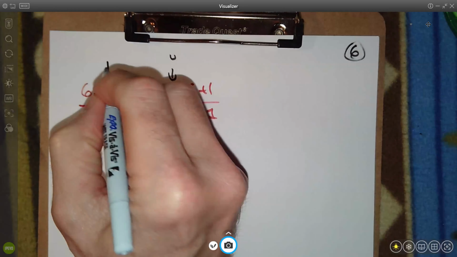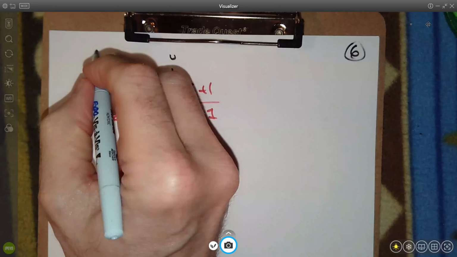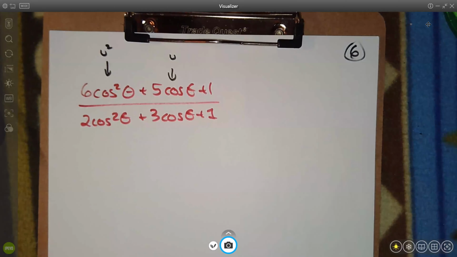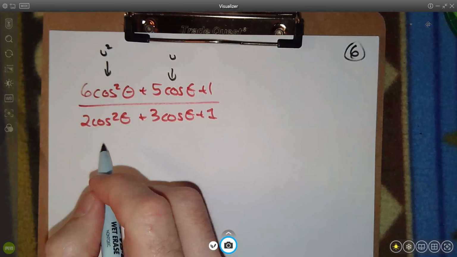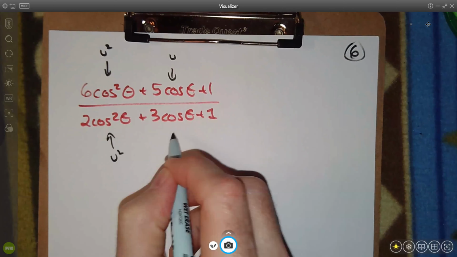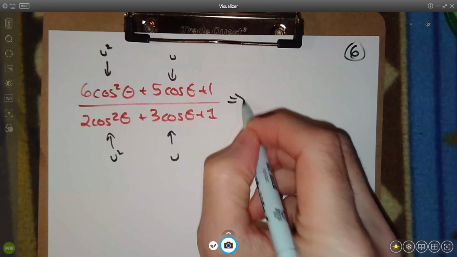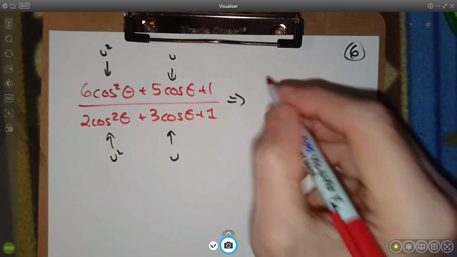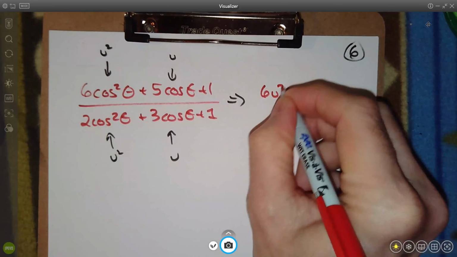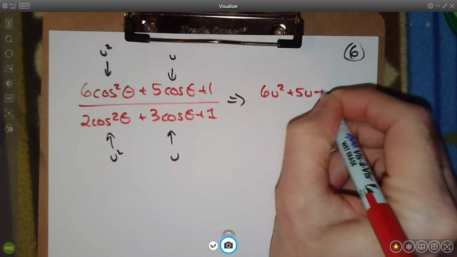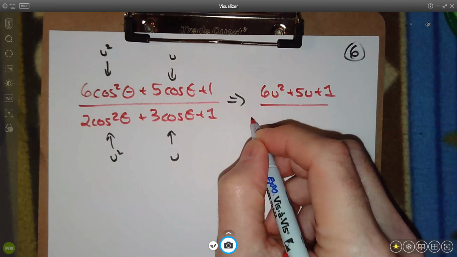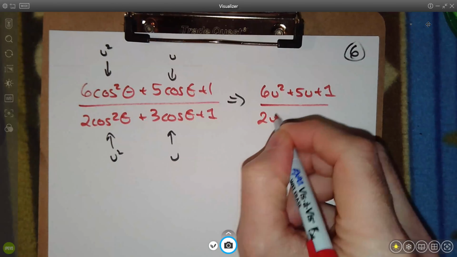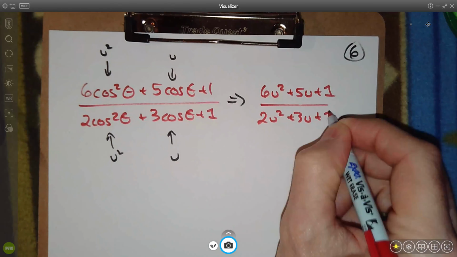And then that would make this a u squared term. And likewise in the denominator, u squared and u. And that turns this problem into something that at least looks a little bit more familiar. So it's going to look like this: 6u squared plus 5u plus 1 over 2u squared plus 3u plus 1.